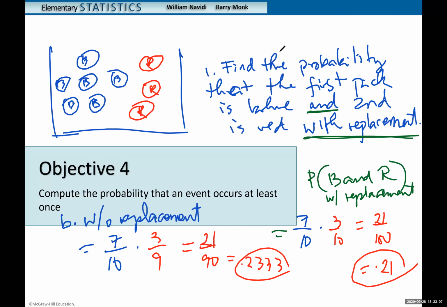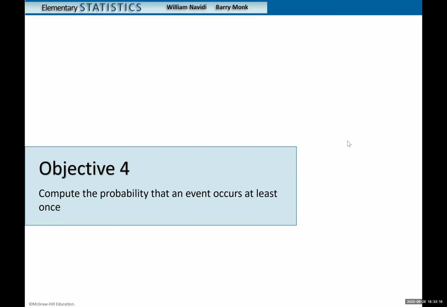All right, so next one. This is the last objective for chapter 5. Compute the probability an event occurs at least once. Do you remember what we mean by at least once?